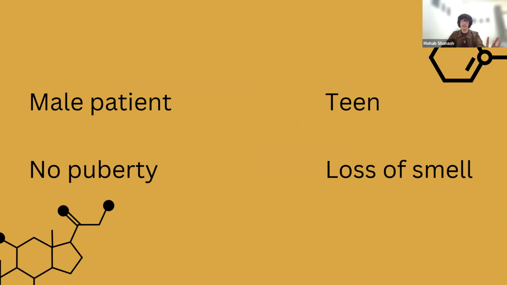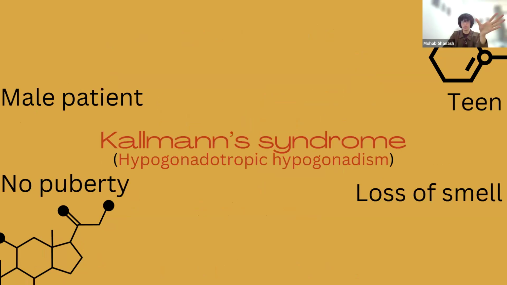Okay, you have a male patient who is 18, and although he is at the point where he should be experiencing puberty or has gone through it, he doesn't have puberty. And loss of smell. If you get these two, no puberty and loss of smell, just know what you're dealing with is Kallmann syndrome. Hypogonadotropic hypogonadism.